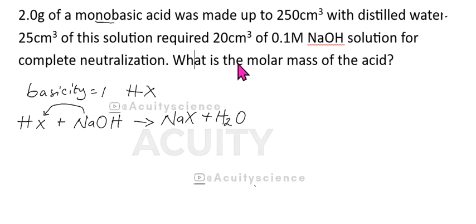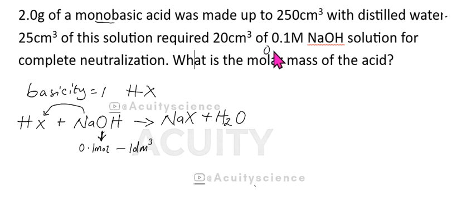Let's study together. 0.1 mole of sodium hydroxide, but only 20 cm cube was used. Let's analyze that. Sodium hydroxide in this case, 0.1 mole in 1 dm cube. That's the meaning of this.